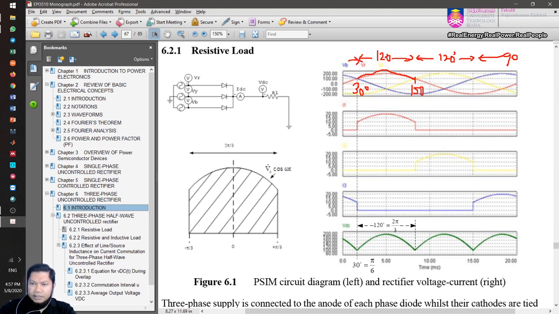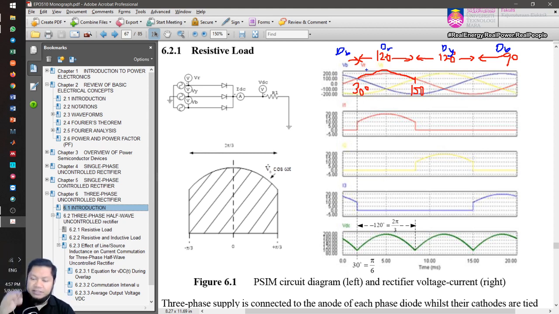If I can, I can mark this as the red, the yellow, and this is the blue here. So that is the labeling and also the range of diode operation with respect to the supply voltage.